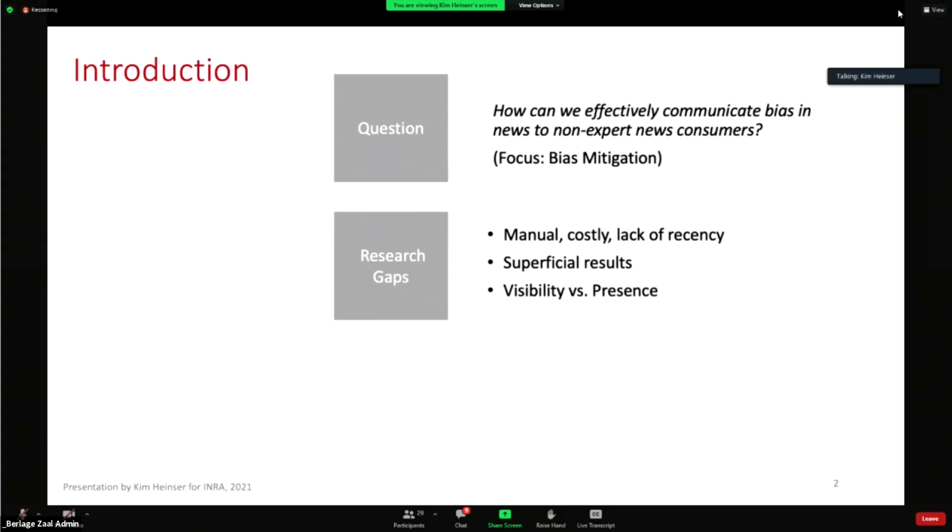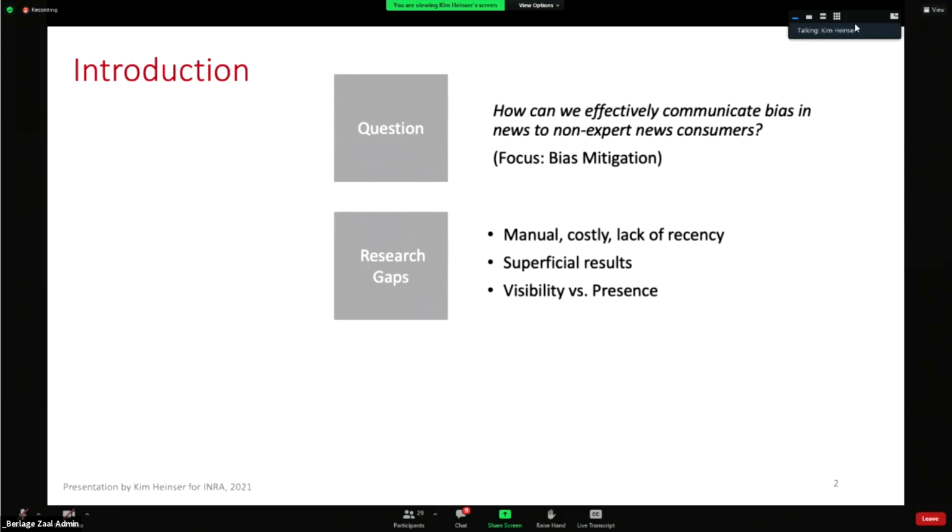And a big topic also in previous research was that the focus was more on visibility rather than presence of bias. So what this means is often we would use an article's political slant. So we would say the outlet of this article is left oriented, and thus we label this article as left, and we make this bias visible.